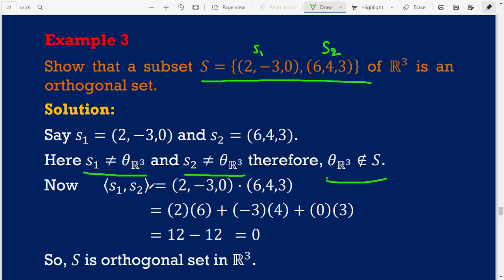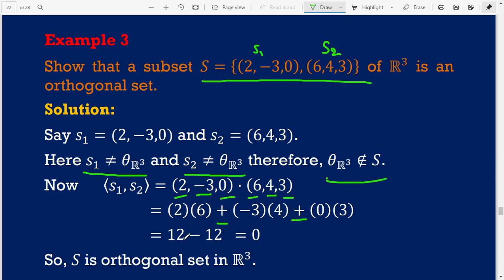Now inner product S1 with S2 is equal to dot product of (2, minus 3, 0) with (6, 4, 3). So dot product: 2 into 6 plus minus 3 into 4 plus 0 into 3.